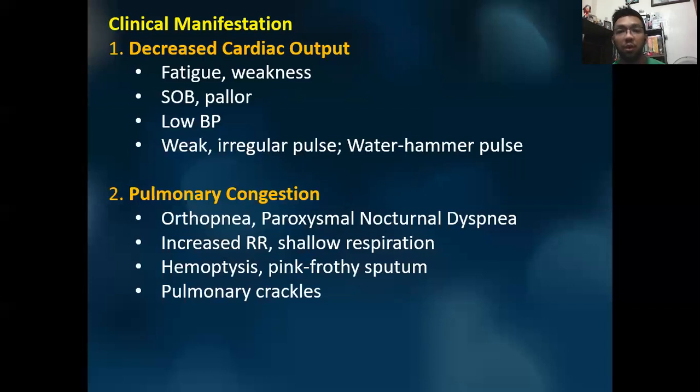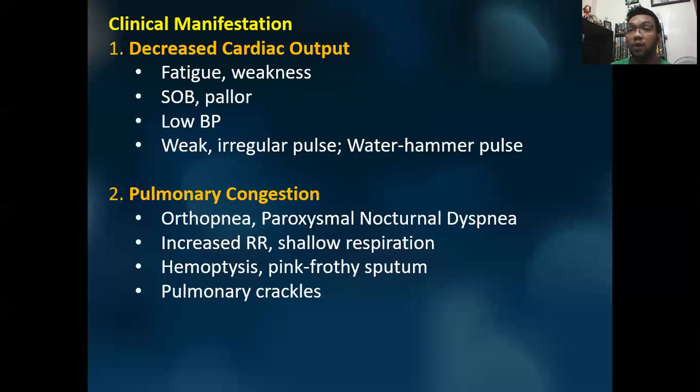Now, if pulmonary congestion occurs, hemoptysis is also present, wherein there's blood in the sputum, or there's pink frothy sputum.